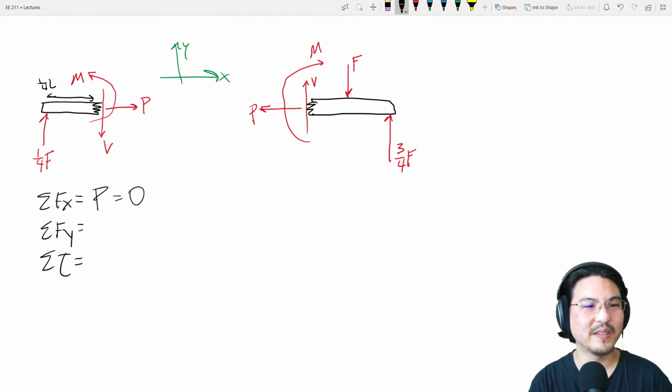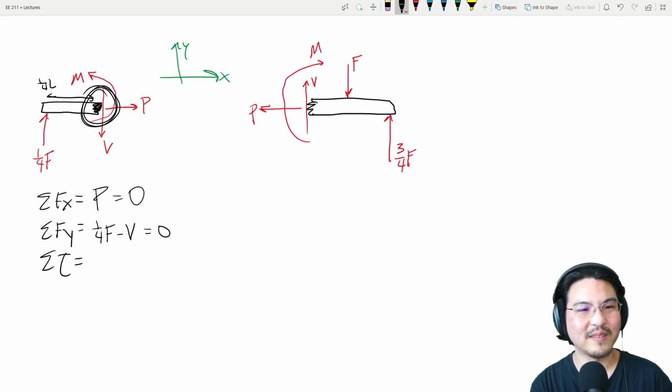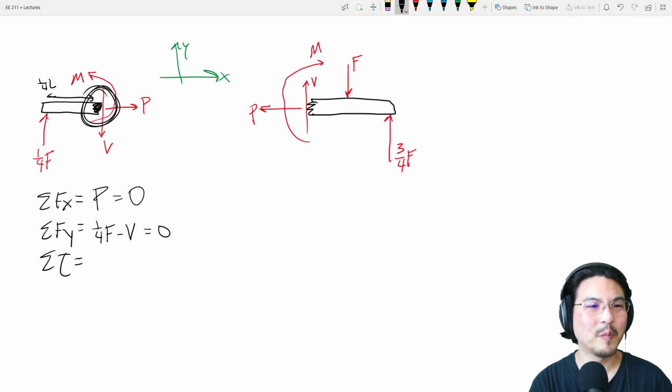Okay, y direction, 1/4 F minus V. That's it. Okay, let's sum torque about somewhere. So we can sum torque about over here or over here. I'm gonna sum torque about over here, the right side of this section.